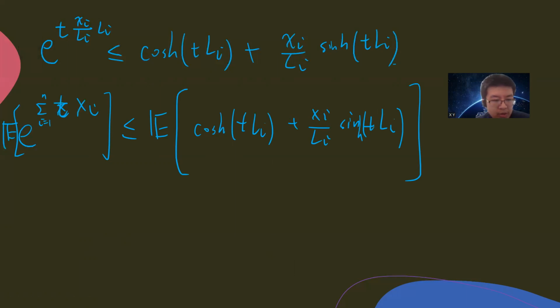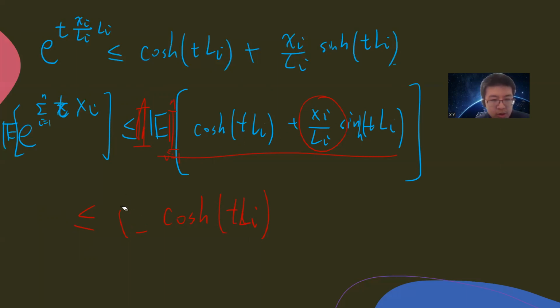Okay, so now by our lemma 1, which tells you that whenever the product's expectation is 0, this guy is bounded by the expectation of the product of cosh t li. Oh, by the way, it should be a product here, right? But these products, i from 1 to n, still do not give you any result, right?